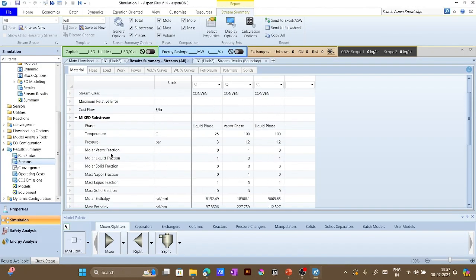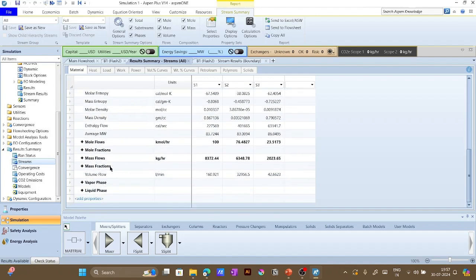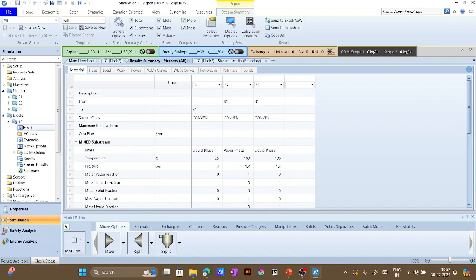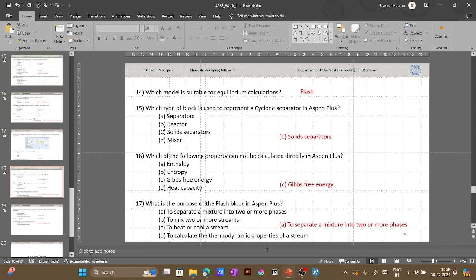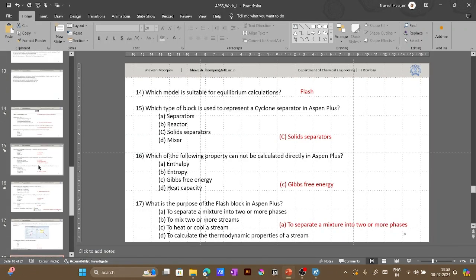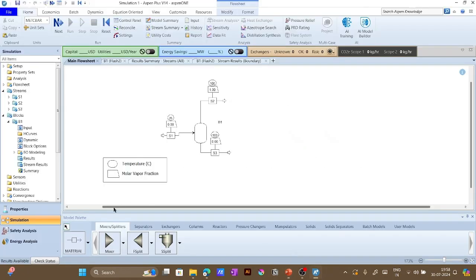Okay. I think the CP should be here. Oh, it's not there. Anyway, so these are some of the questions, and this was the general overview of Aspen Plus. This problem 2 is still remaining, which I wanted to show you guys. If it works, we can do it right now.